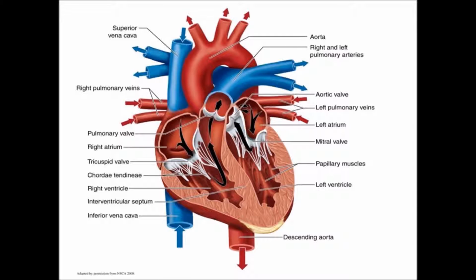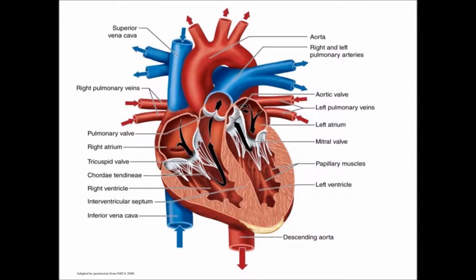From the right ventricle, blood is ejected from the heart through the pulmonary semilunar valve. From there, it will enter the pulmonary arteries, and that blood low in oxygen will be taken to the lungs. It's important to note that these are the only arteries in the body that have blood low in oxygen.